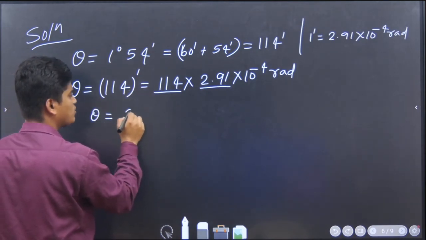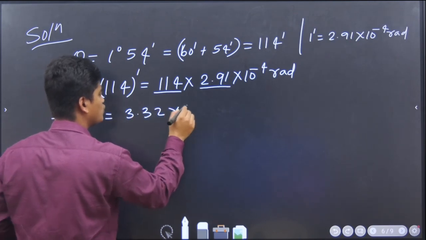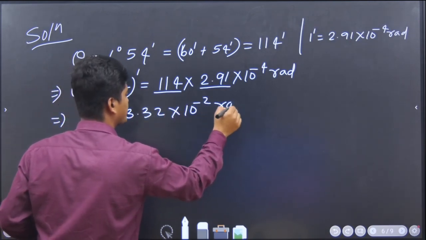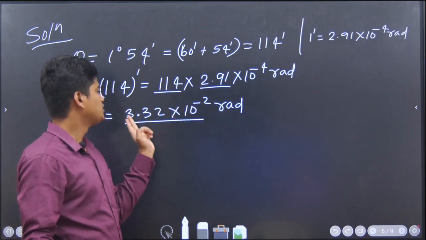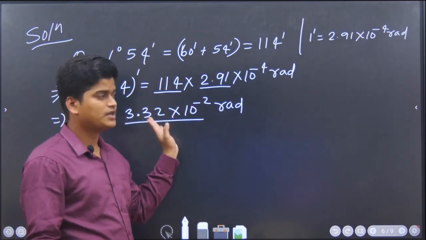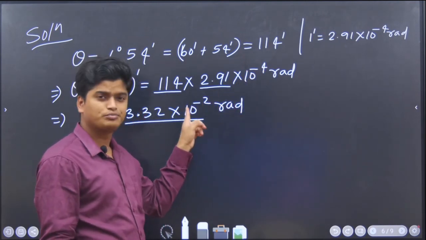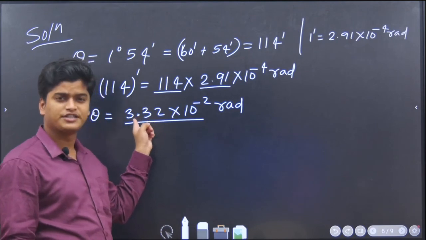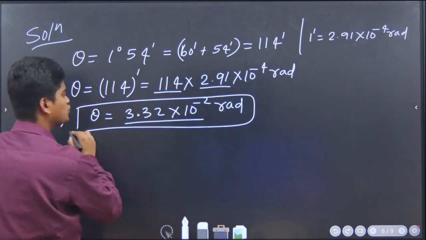So you can write it as around 332, or 3.32 into 10 to the power minus 2 radian. Because this value will come as 300 something and there is 10 to the power minus 4, when you put the decimal point here it becomes 10 to the power minus 2. So theta we got in radian.